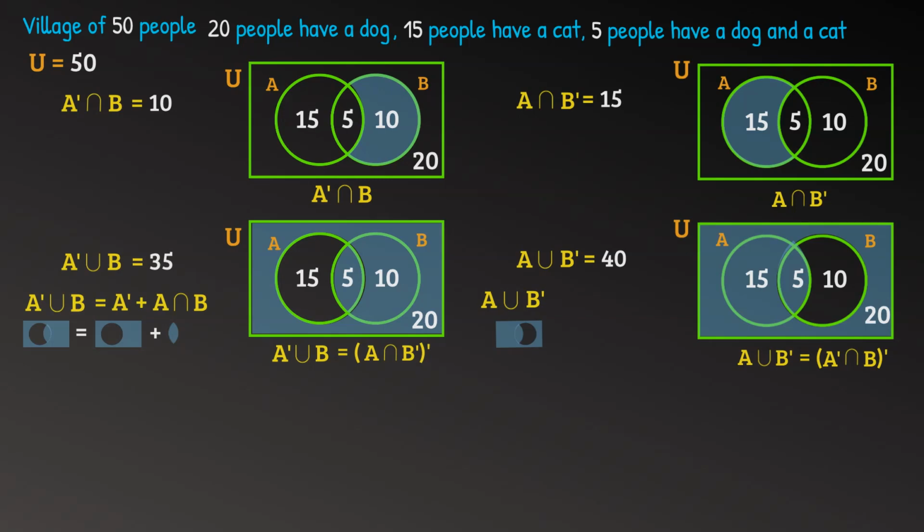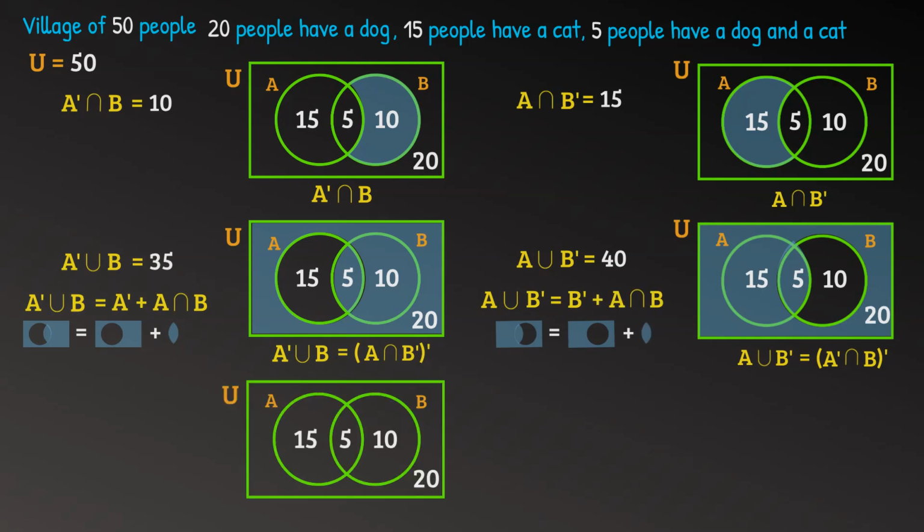And also, A union B complement can be written as B complement, which is everything outside B, plus A intersect B. Now, if we have A complement intersect B complement, that is this shaded area, and because it is the exact inverse of A union B, it can also be written as the complement of A union B.